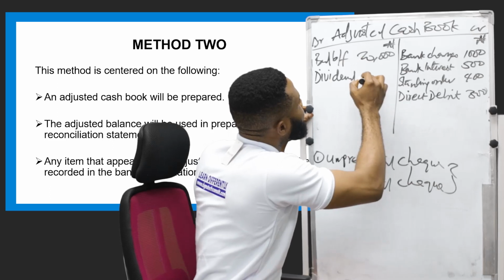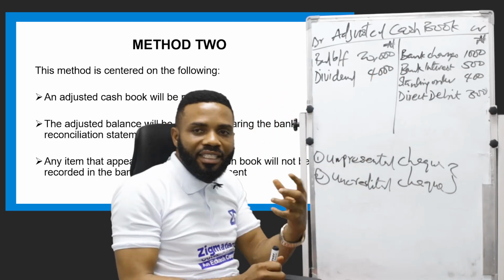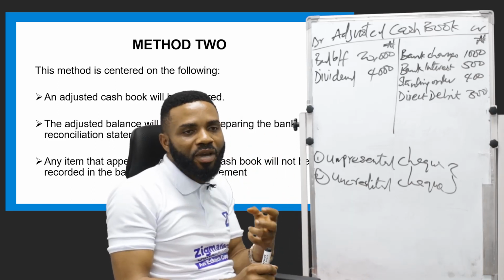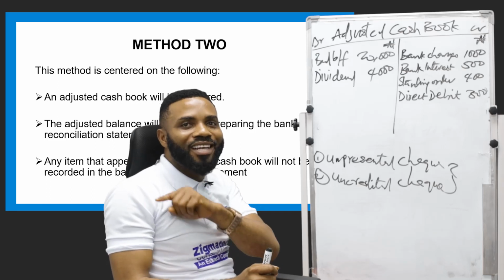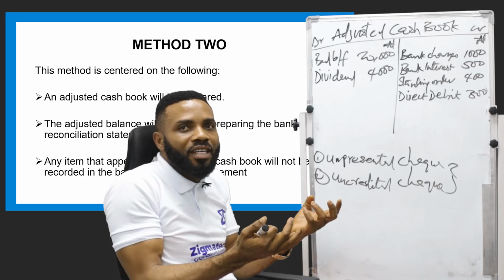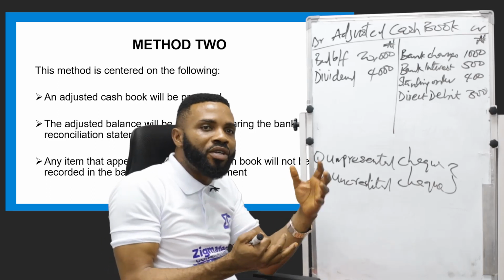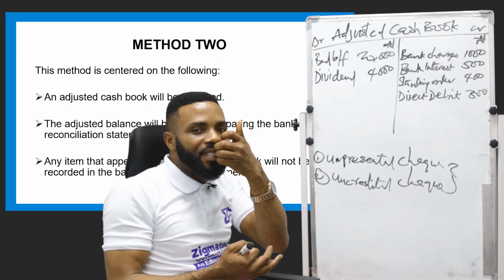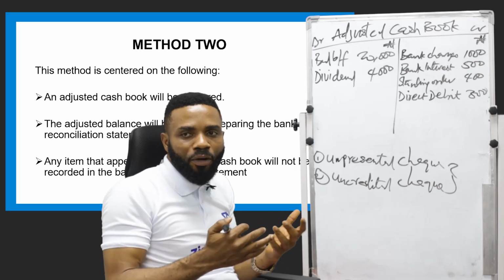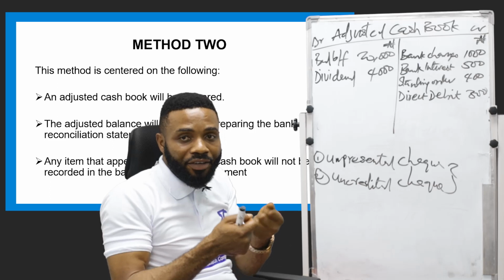Let's assume dividend is 4,000. What is dividend? I've explained that dividend is simply interest on your investment in a company that is paid straight into your account. You decide to invest in a company ABC, and then at the end of the year, when they are appropriating their profits, they want to pay their shareholders their returns.